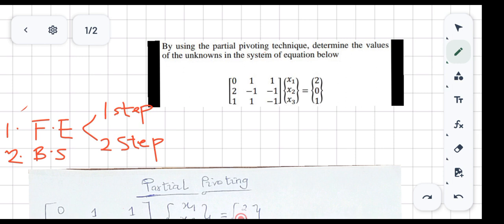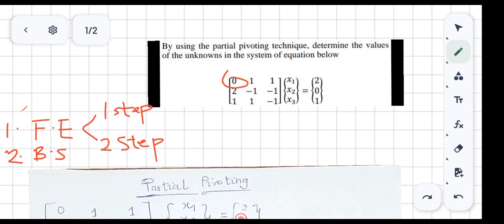For you to start with partial pivoting, the pivot element, so here the pivot element is this, should be greater than the elements below. So these are the elements below, 2, 1, and 1. That's what I'm talking about.